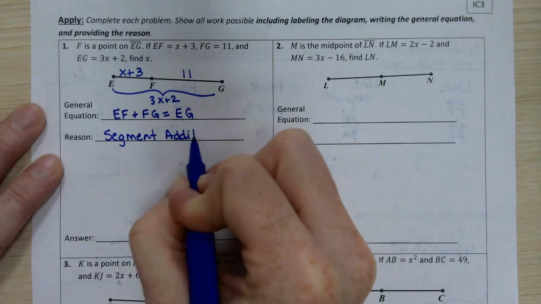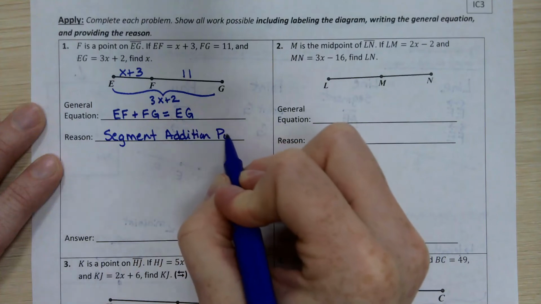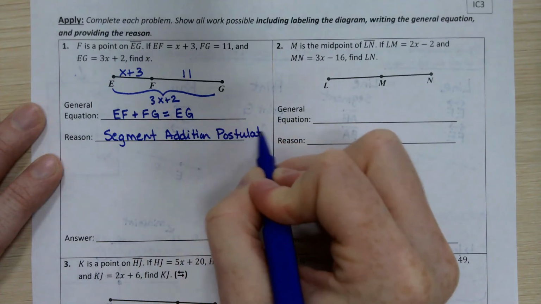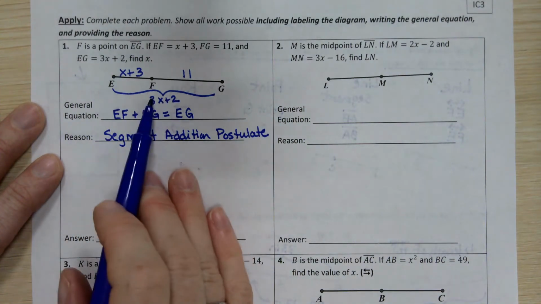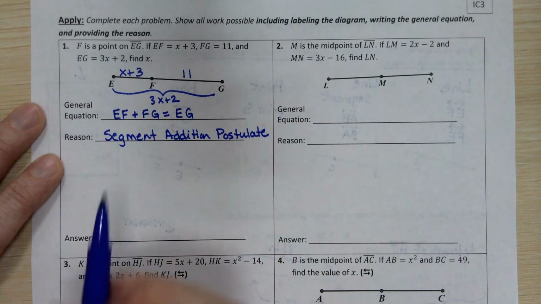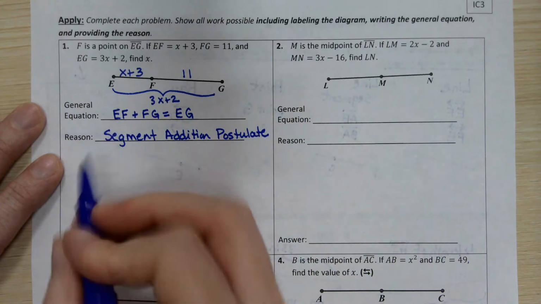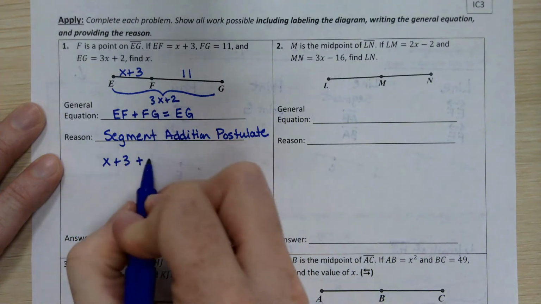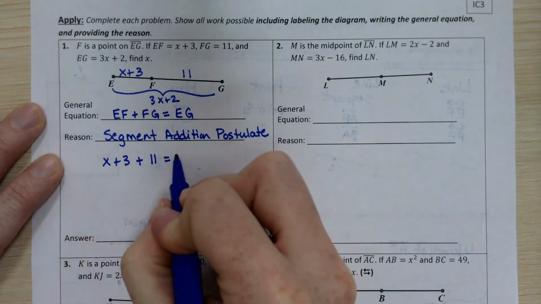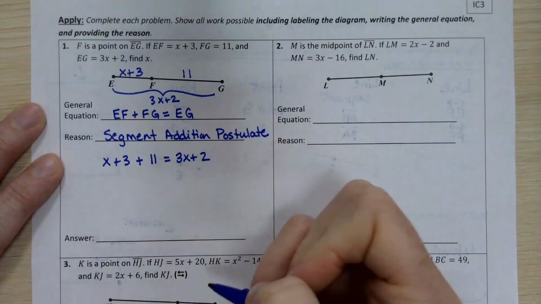Like we mentioned, there's no evidence of a midpoint, and so segment addition postulate will be our go-to. We're adding two small parts of the segment together to equal the whole thing. If we substitute in the specifics, EF is x plus 3. We're going to add to that FG, 11, and then that will equal EG, 3x plus 2.